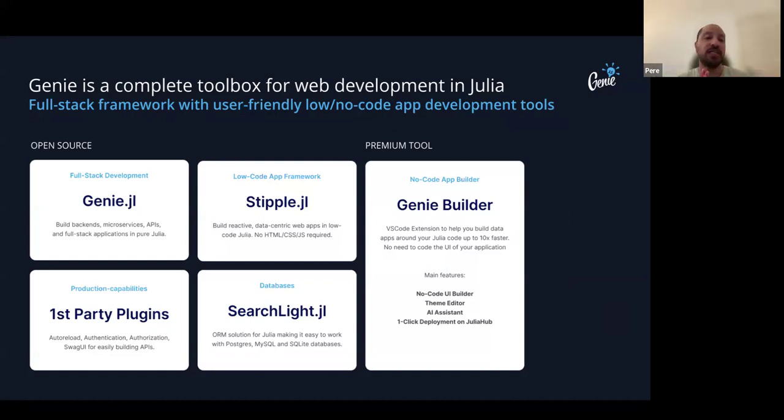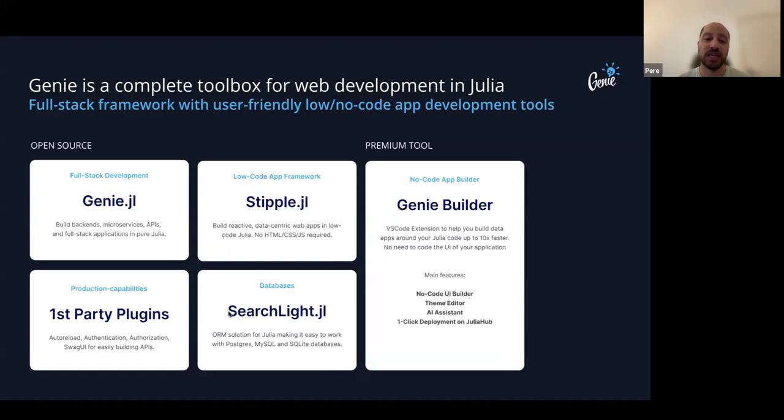What we offer with Genie is divided into, let's say, 2 parts. One of them is the open source stack implemented by the Genie framework, where we have several packages. The main one is Genie.jl, which is the backbone of the Genie framework, and it implements all of the server-side code for building full-stack sites. Then on the front end, we have Stipple, which implements a low-code layer for building interactive user interfaces without having to write any HTML or JavaScript.